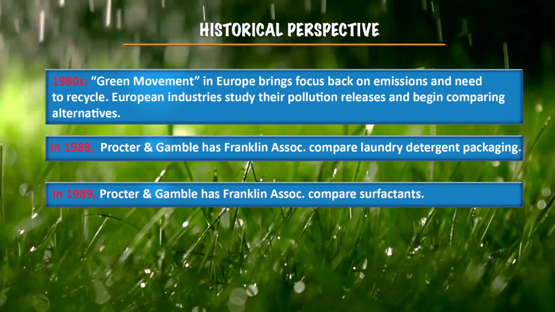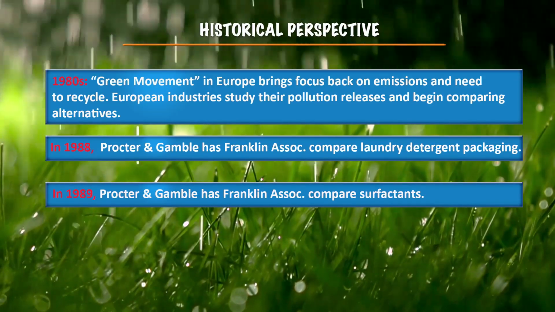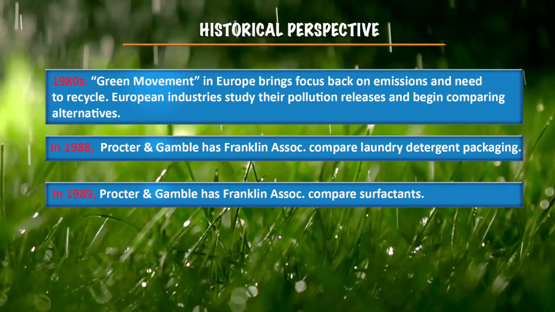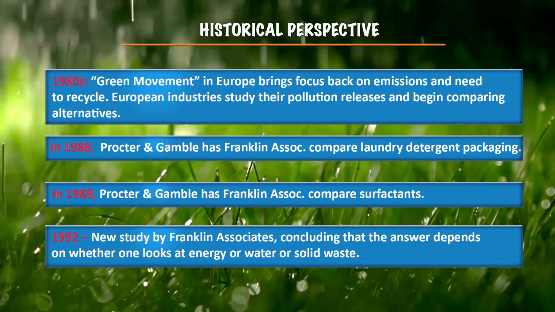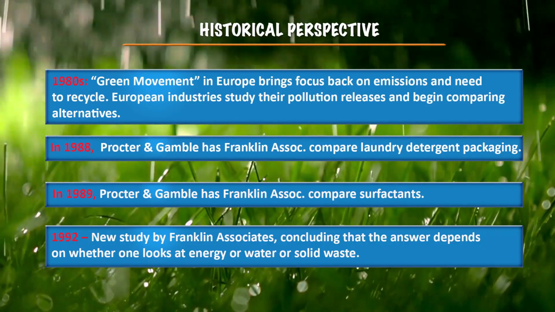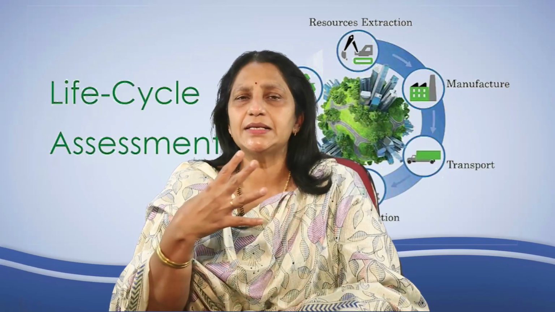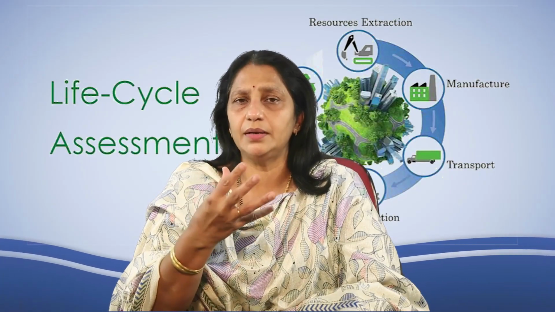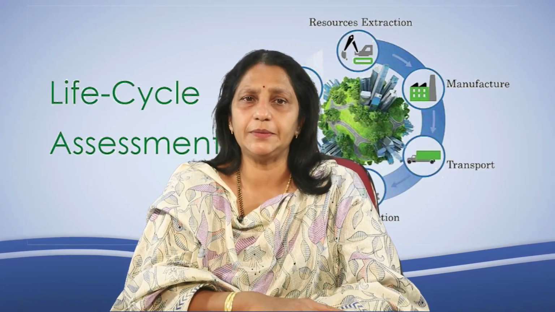In 1989, they also did an assessment for surfactants. In 1992, a new study by them found that the answer depends upon whether one looks at energy, water or solid waste. So these are some of the earlier usages of life cycle assessment.